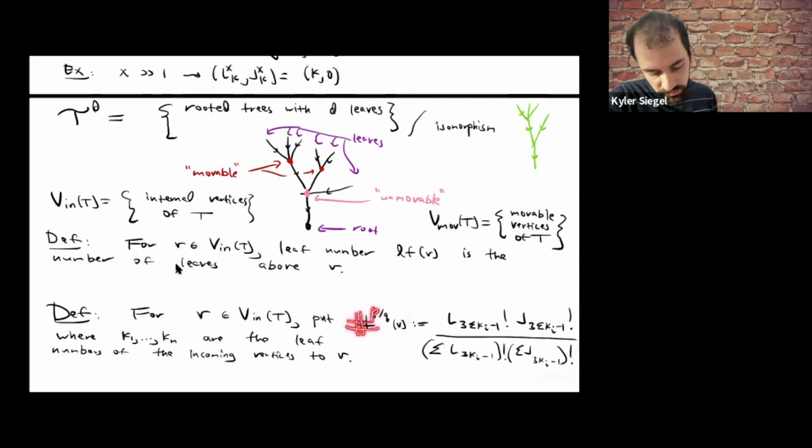I define the number for P, Q, and V, where I and J are taken with respect to x equals P over Q. You basically take some I and J factorials, where on top you look at the expression 3 times the sum of the k_i minus 1, and on the bottom you take the product over i of (3k_i minus 1) individually, where k_1 up to k_n are the leaf numbers of the incoming vertices to V. So if this is V, then in this case k_1 would be 3 and k_2 would be 2, because these are the incoming vertices to the pink one, and this one has leaf number 3 and this one has leaf number 2.